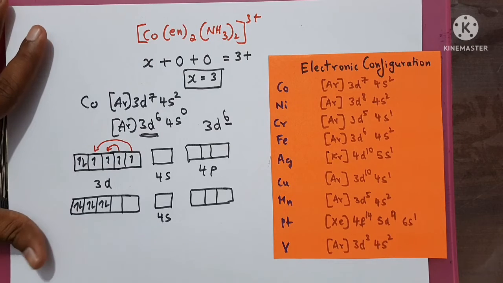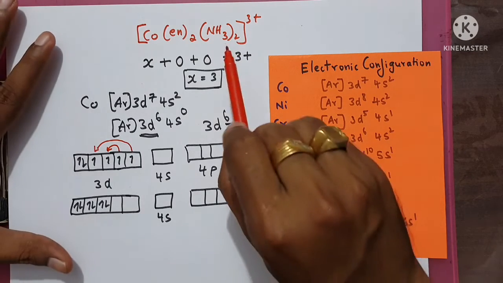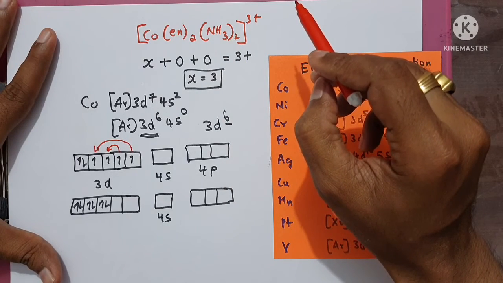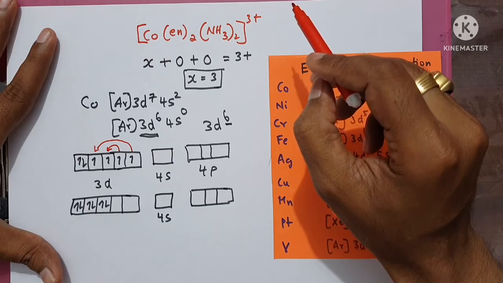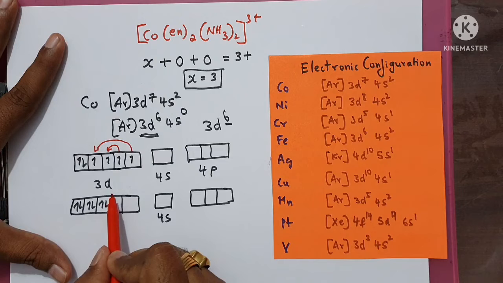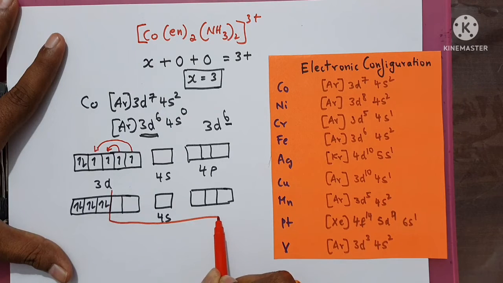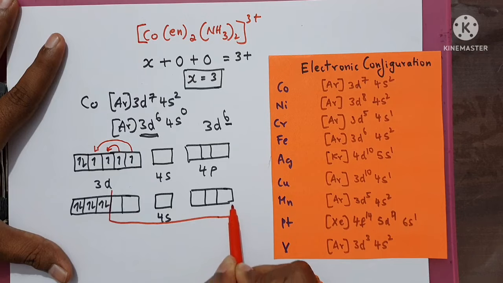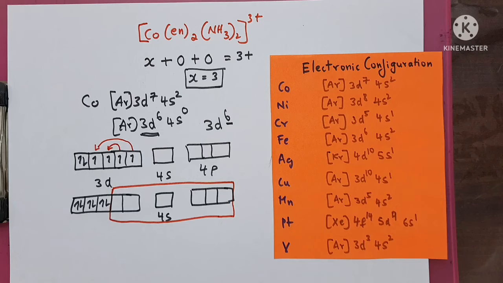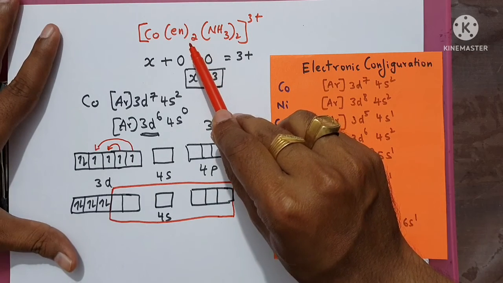Now I will show you the hybrid orbitals which are formed. These are the hybrid orbitals. The total number of ligand donor sites is 6 because en is a bidentate ligand.